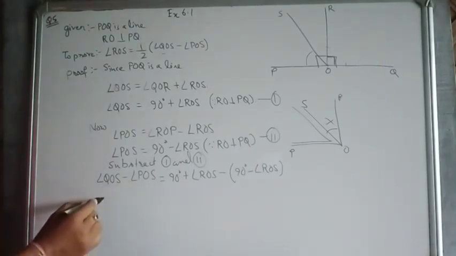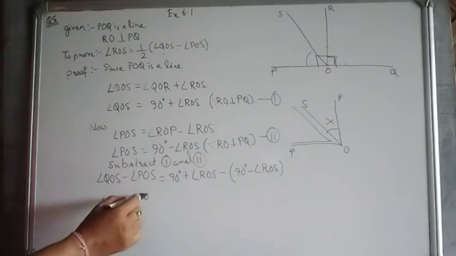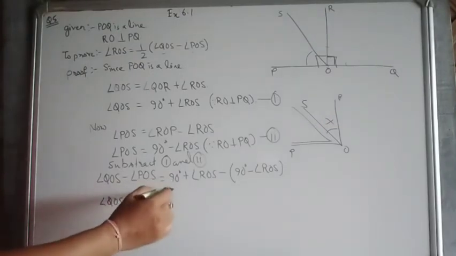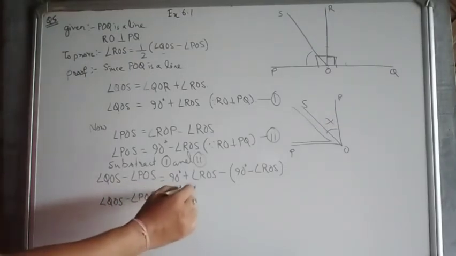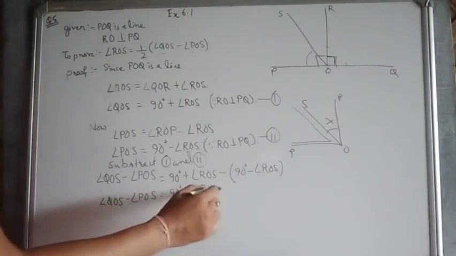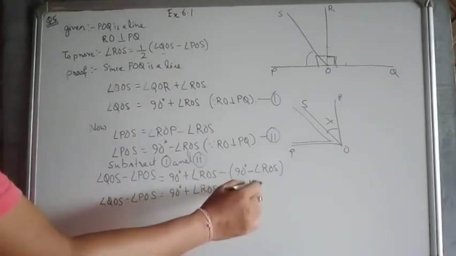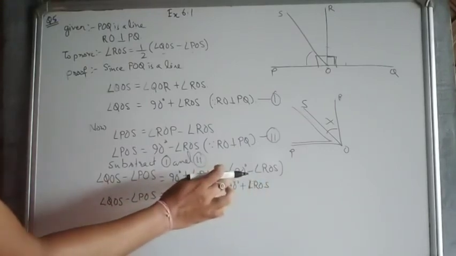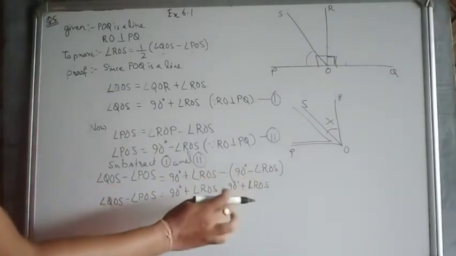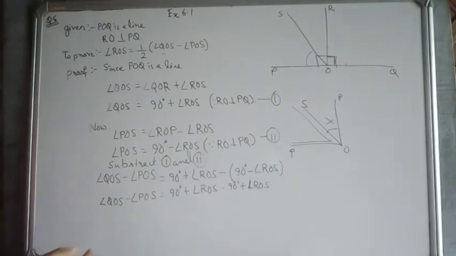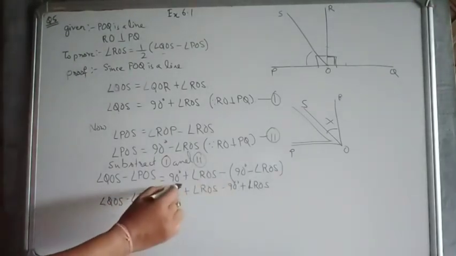So this minus will make it minus, this minus with minus will become plus. Then 90 minus 90 will get cancelled.